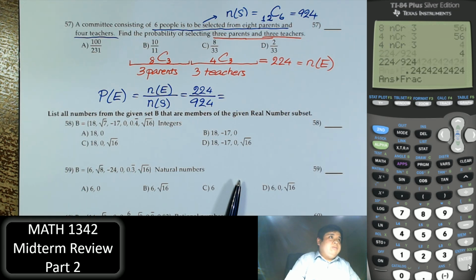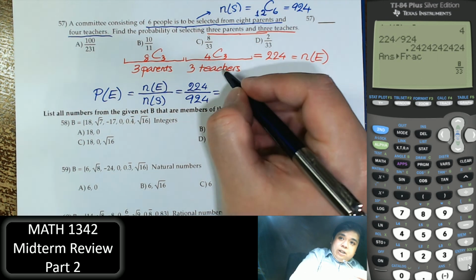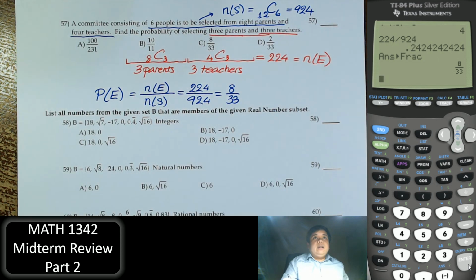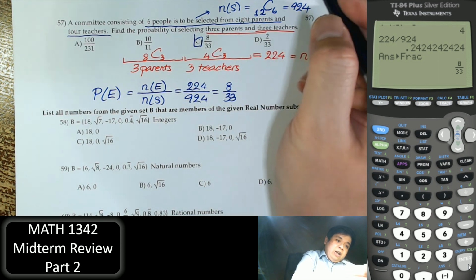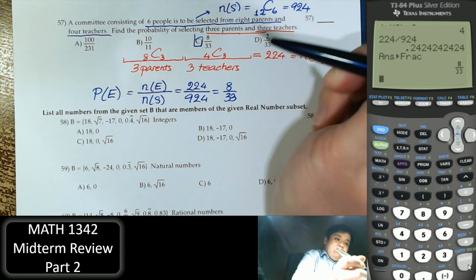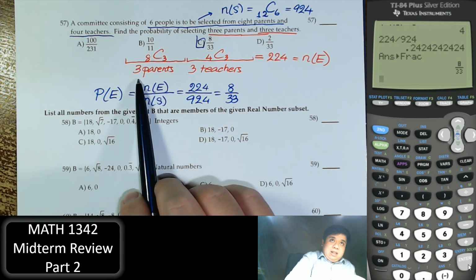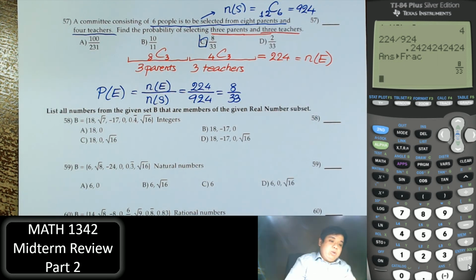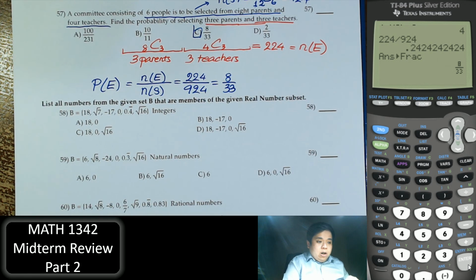Convert to fraction, 8 over 33. Right, simple enough. So randomly selecting 6 out of 12, that's what we have. And then 3 parents out of 8, 3 teachers out of 4, multiply together. And then for probability, we just divide them. Right, so we're done with all the statistics.